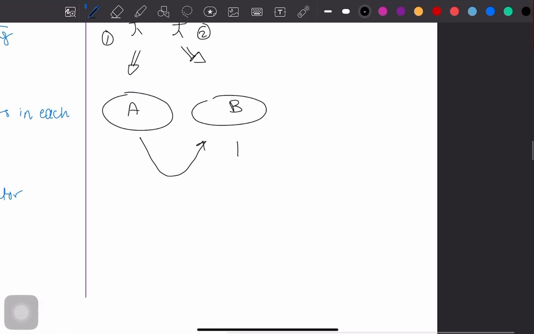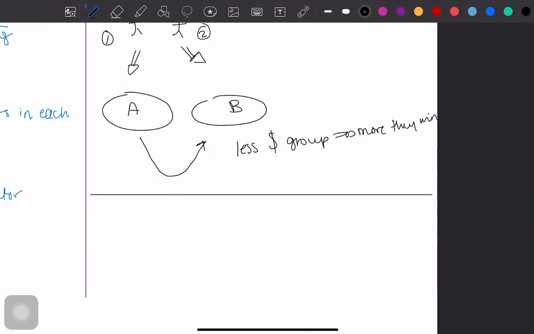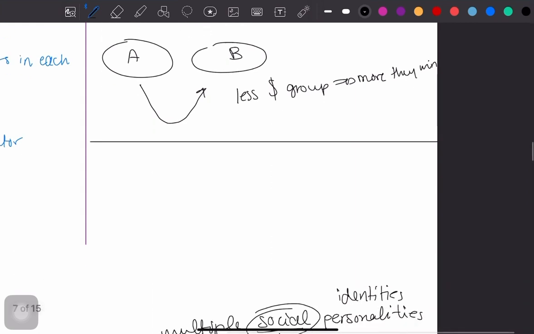So the less money they give to their own group, the more they win. It's backwards logic. Now, I don't know if you have to mention this, but it's good to know. Okay, so that is experiment number 2. Very short.